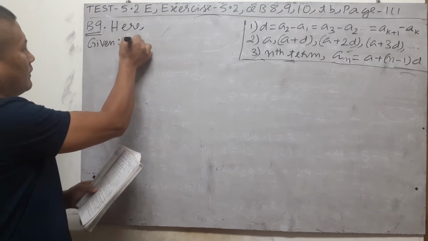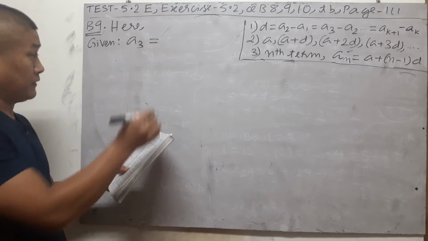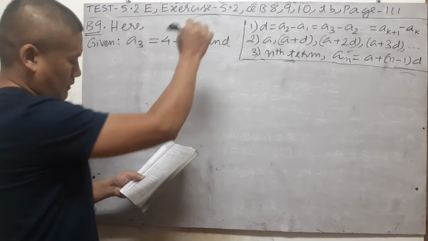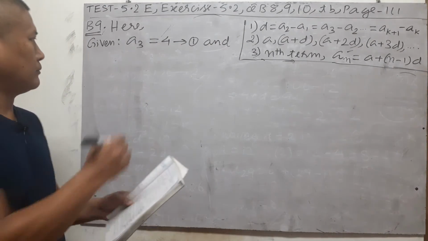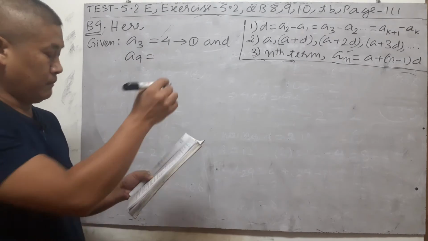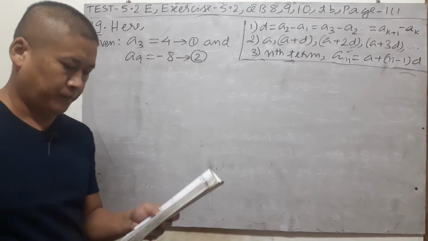So a3 represents the third term, value is 4, equation number 1. And the ninth term, so a9 will be minus 8 according to the question. So these two pieces of information are given first.